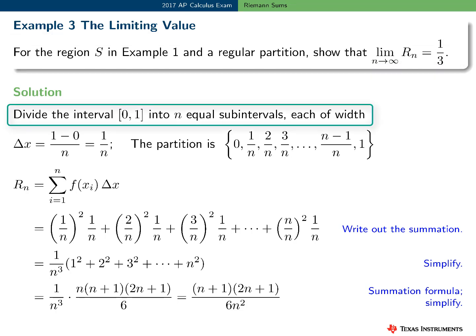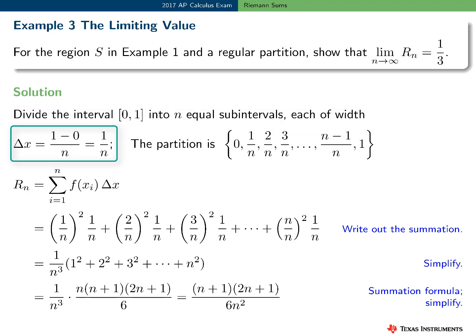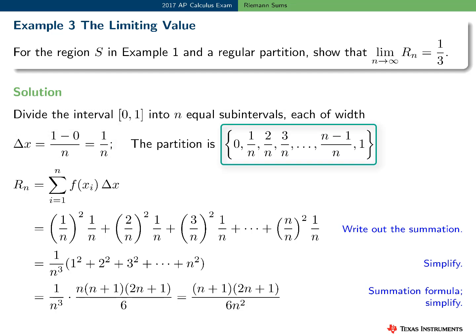We'll use a regular partition, so we'll divide the interval 0 to 1 into n equal subintervals. Each of them will have width delta x, which is (b minus a) divided by n, or just 1 divided by n. So the partition is made up of these values: 0, 1 over n, 2 over n, all the way up to the right-hand endpoint of the interval, 1.